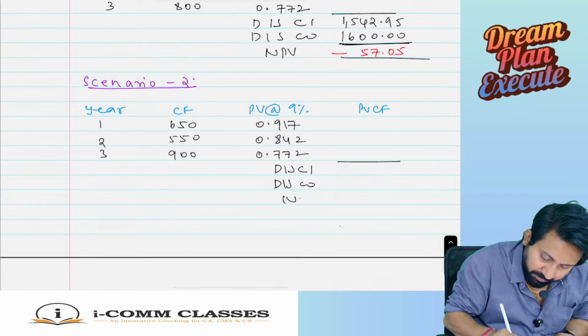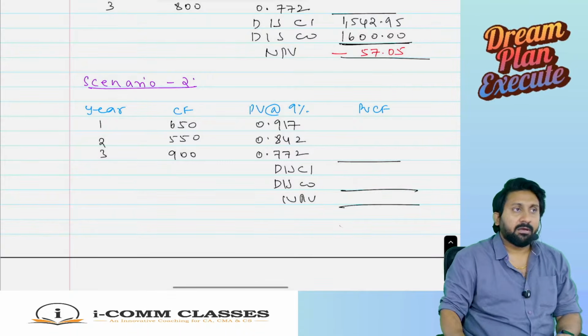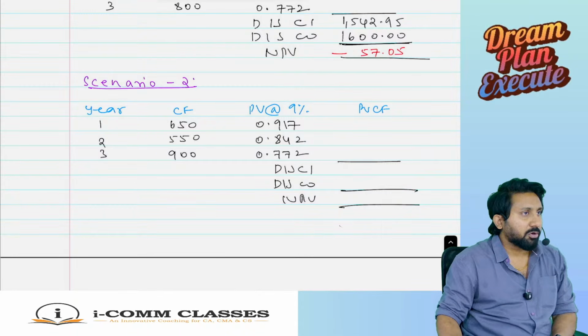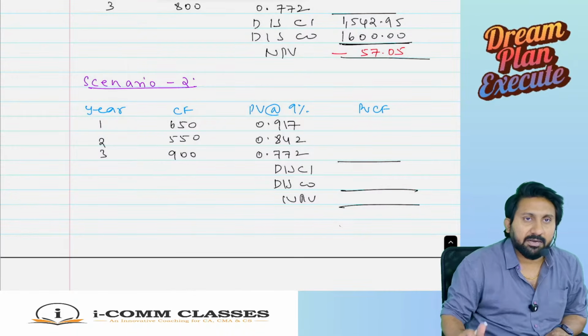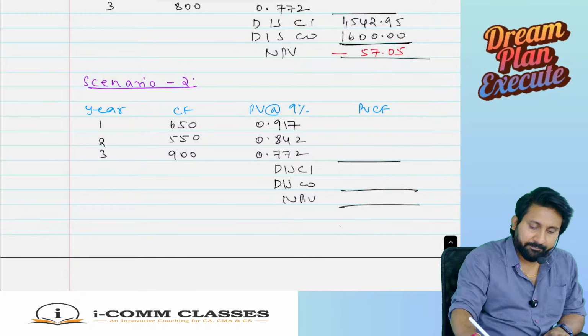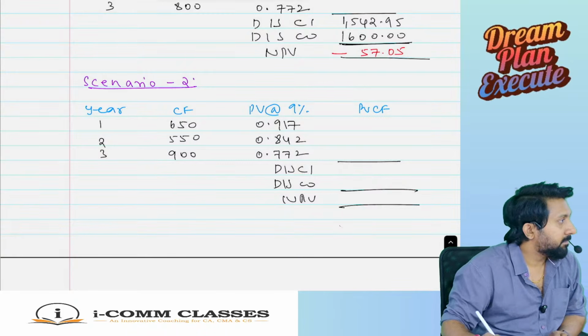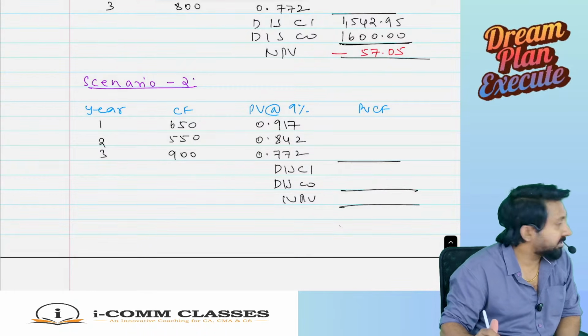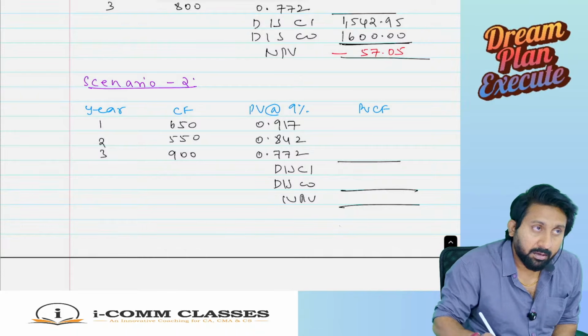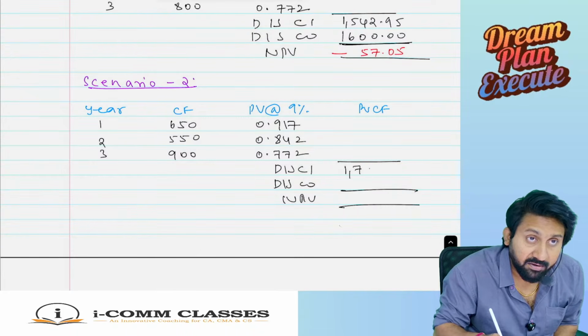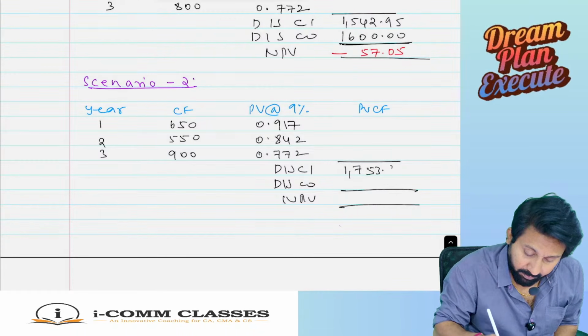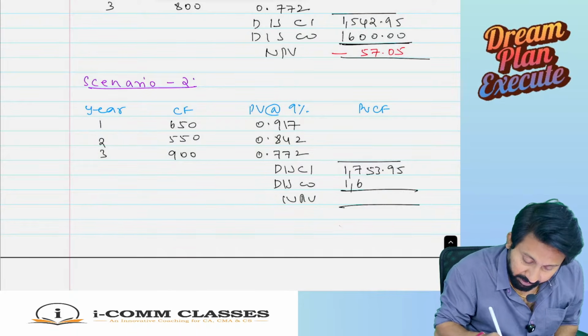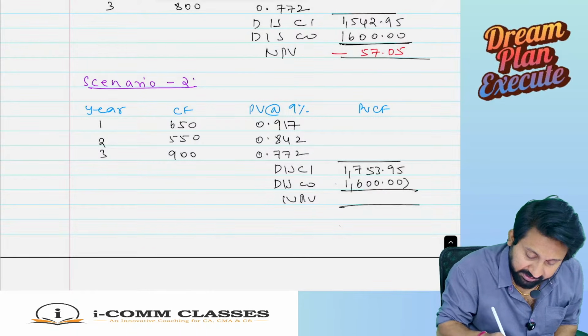Fast. Working should be extremely fast. Later at home you do slowly if you want. In class complete all the answers quickly. Tell me what is the discounted inflow value? 1795. But the cost is how much? Sir, the cost is how much? 1600.